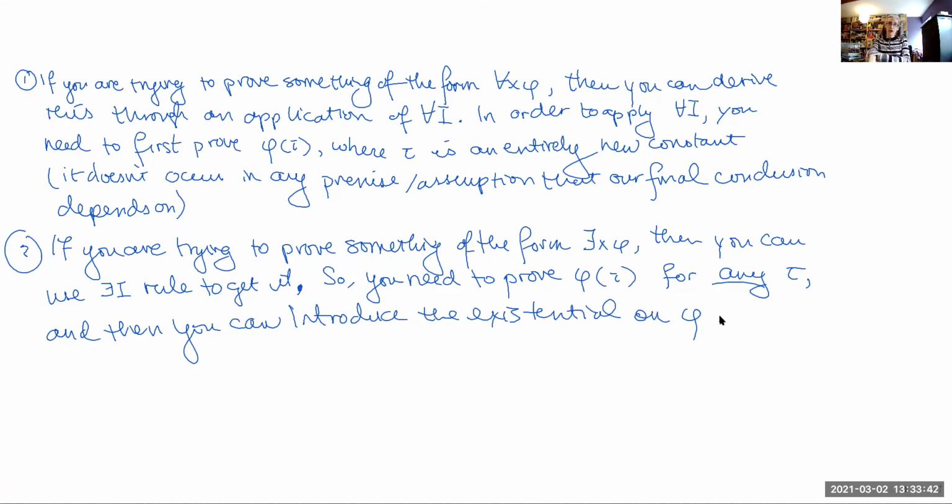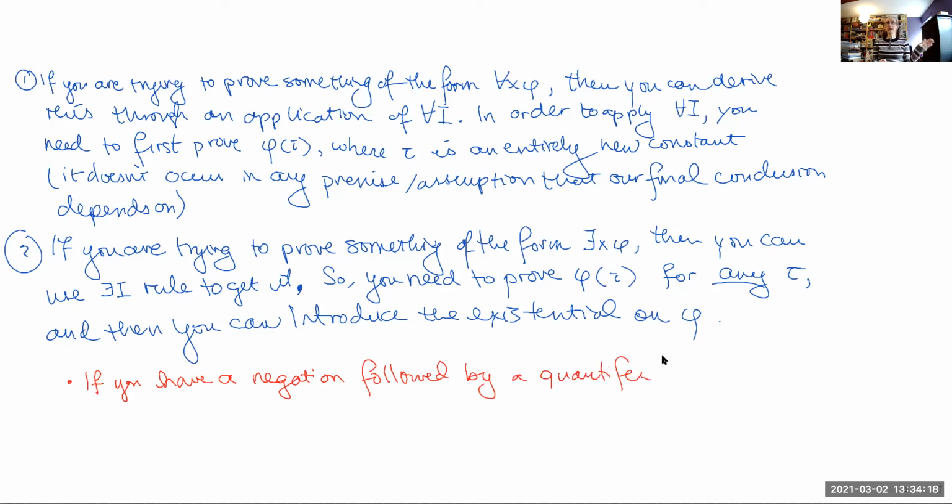Now, one thing that our algorithm doesn't really say is it never tells you when to use the identity rules or when to use the quantifier interchange. So I can just say some useful heuristics. These aren't part of any official algorithm. If you have a negation followed by a quantifier, negation first, quantifier second, always do quantifier interchange.